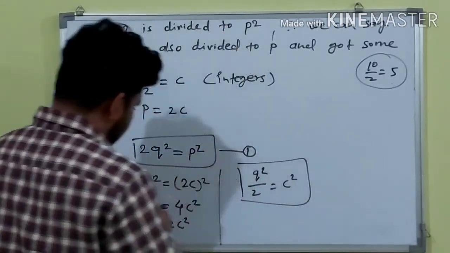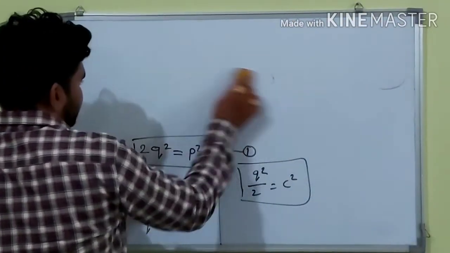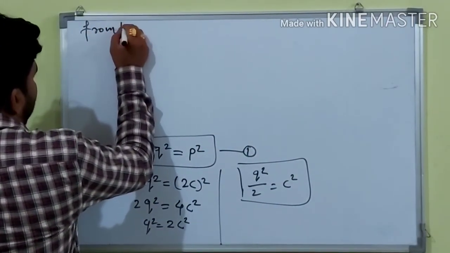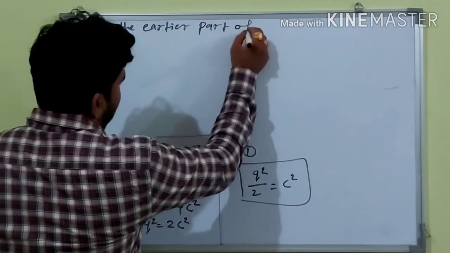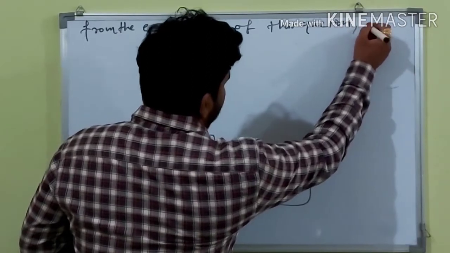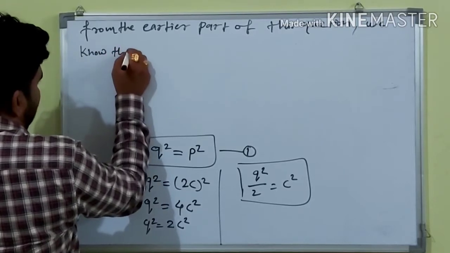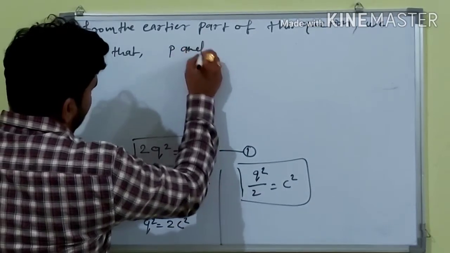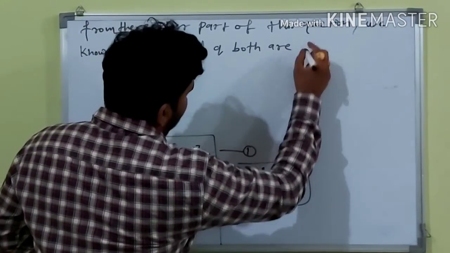and from the earlier part of this question, we know that p and q both are co-prime numbers.